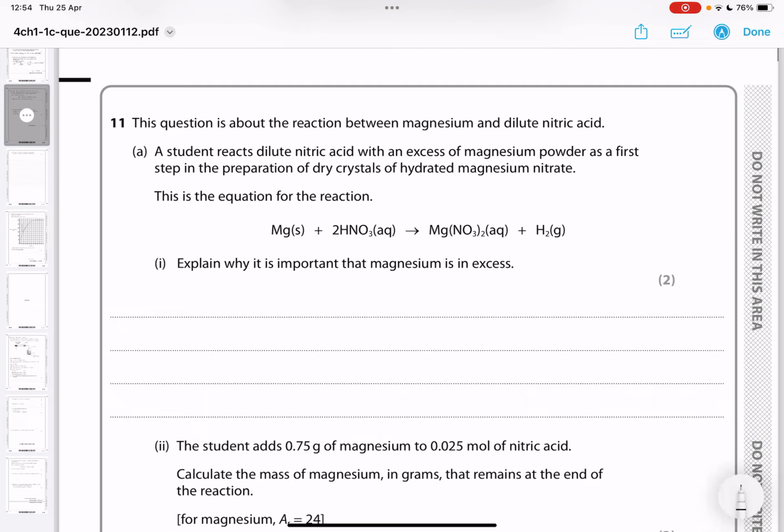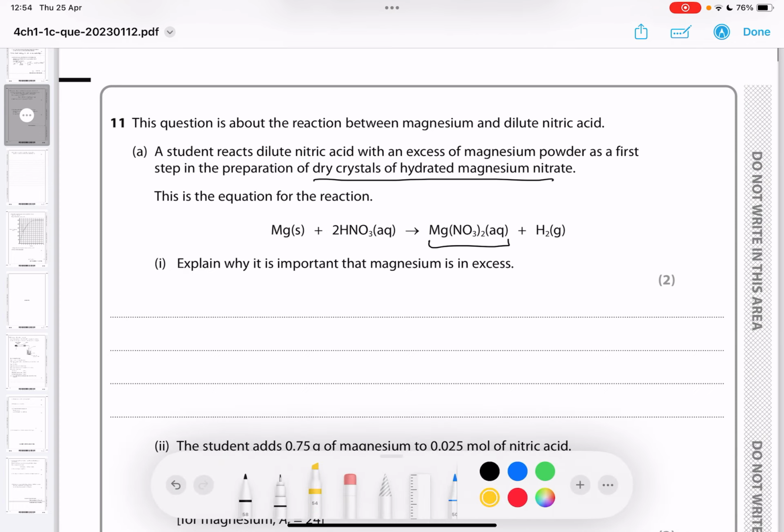Now, magnesium has to be in excess because if you think about it, the whole purpose of this experiment is that you want dry crystals of hydrated magnesium nitrate. So you only want magnesium nitrate in the final product, okay? Now, if you have nitric acid in there, because they've both got the same state symbols, they're both aqueous, they're going to mix together and you're not going to get pure magnesium nitrate, which is what you want as a product.